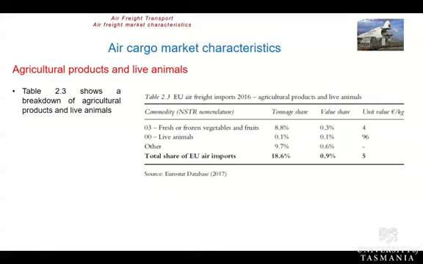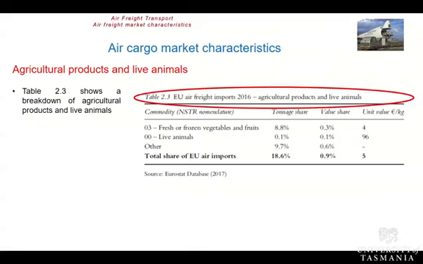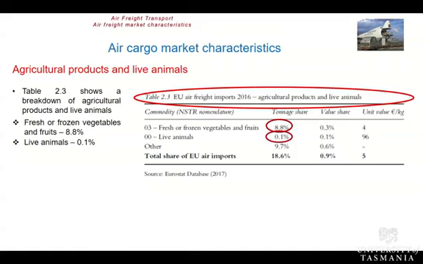Now, moving on to the category of agricultural products and live animals, what we can see here is that fresh fruit and vegetables make up about 9% of that category. Live animals, once again, quite a discrete category, but very small, around 0.1%, and then other, which is a whole range of other perishable type products.